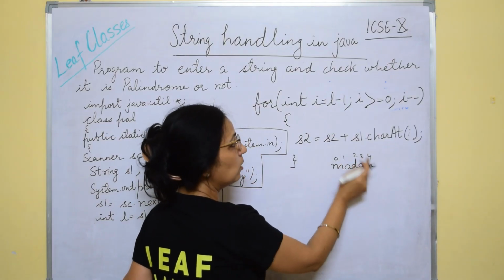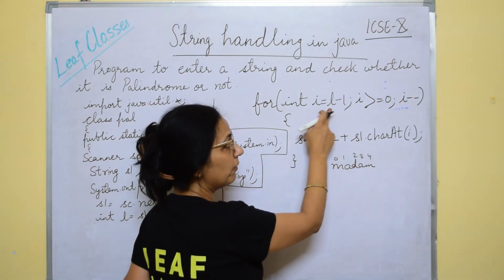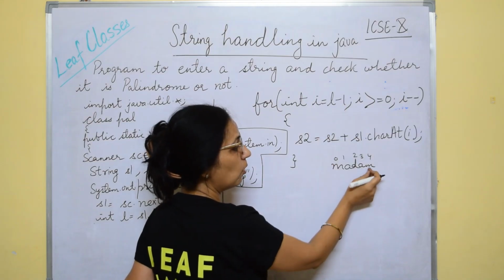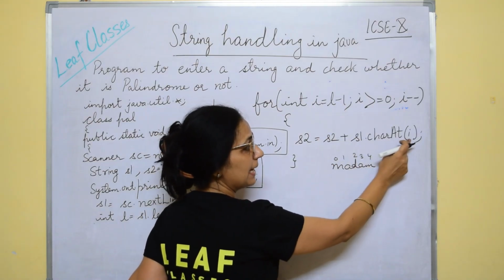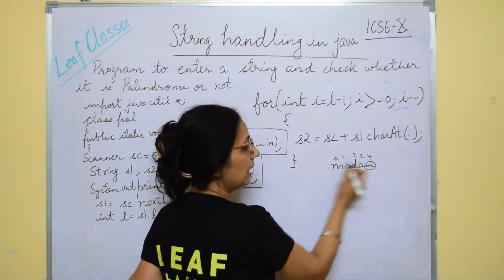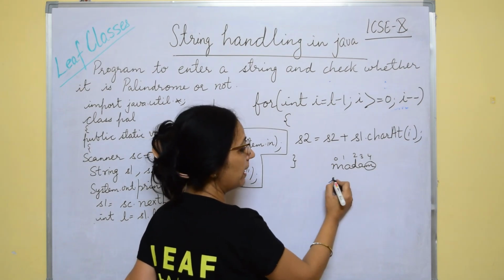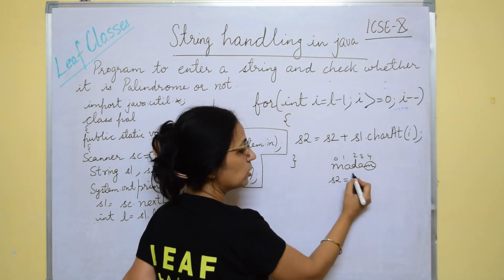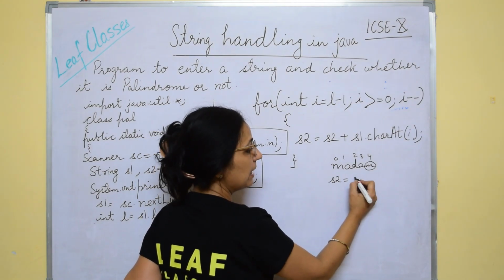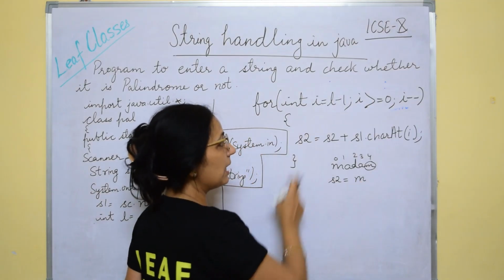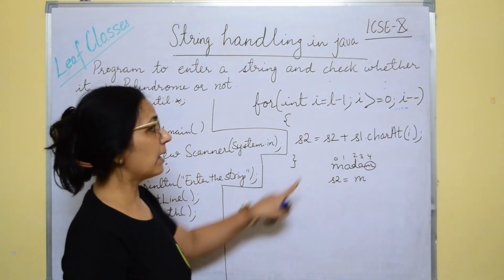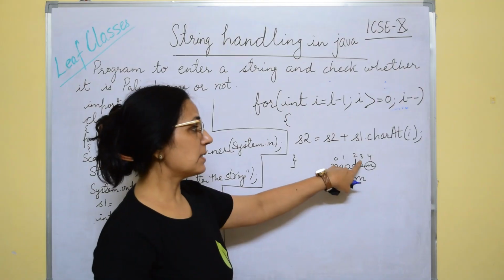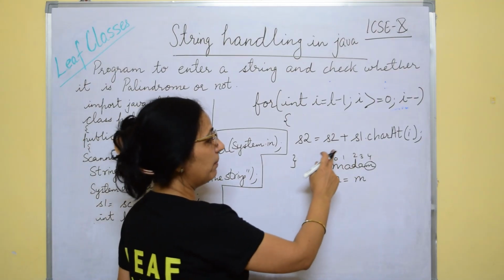Now the value of L is 5, L minus 1 is 4. S1.charAt(4) is M. S2 is nothing in the beginning, so S2 equals nothing plus M, which is M. Next time the value of i becomes 3.